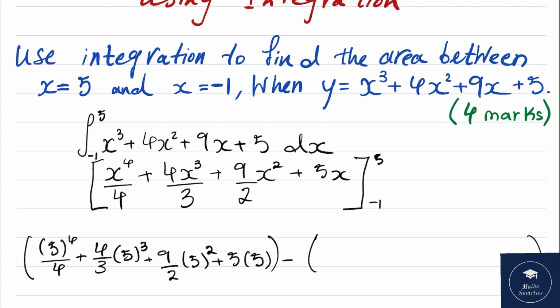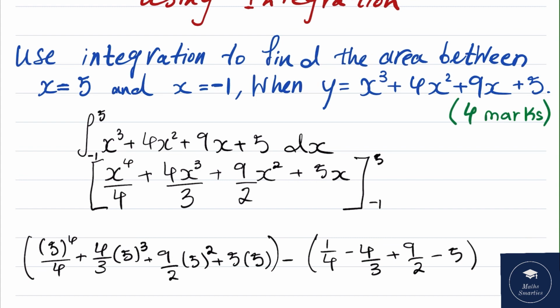-1 to the power of 4 is just 1 over 4. 4 over 3 times -1 cubed is minus 4 over 3 plus 9 over 2 minus 5. So let's find the total.